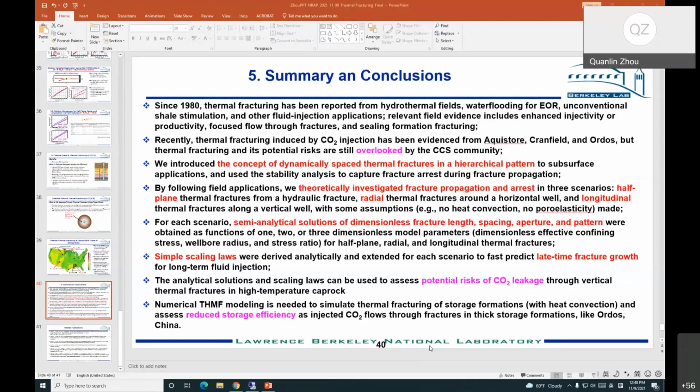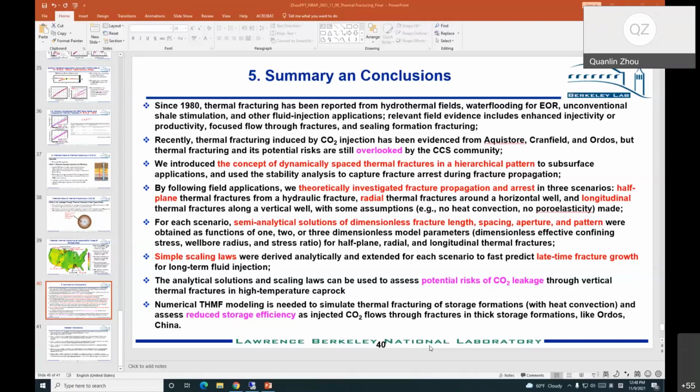The last one is how thermal fracturing is detected during field injection. From the temperature at depth map, you can see somewhere the reservoir temperature is very high. That means we should be very careful for CO2 injection.